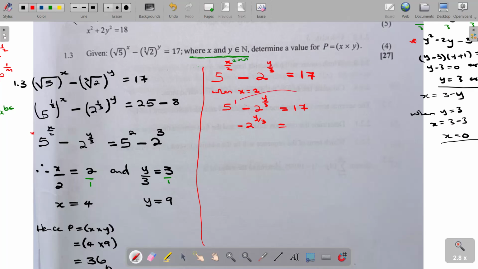Transpose this 5 to the other side. 17 minus 5 is 12. But if you check, we cannot express 12 with this base.